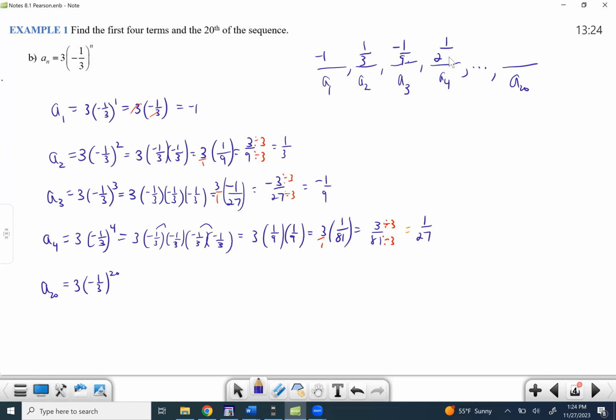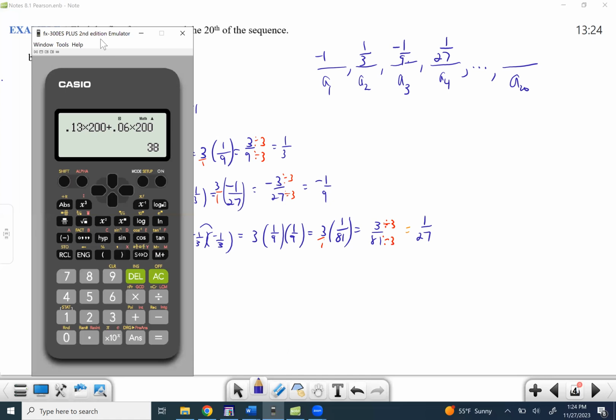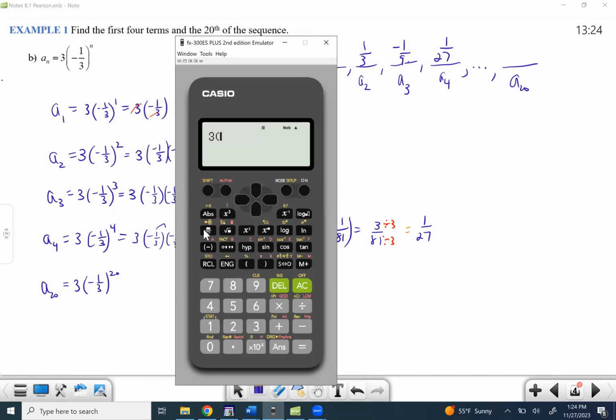Now, I'm just going to go ahead and use the calculator for this one because I'm not multiplying that 20 times, guys. All right. So we got 3 parentheses, -1 divided by 3 to the 20th. Holy moly. Oh, and it won't actually turn that into a fraction for you.